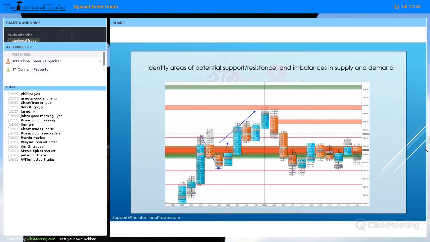These are not necessarily market orders. These are going to be limit orders that are sitting and waiting. So that's what we're analyzing, these sitting and waiting orders, trying to find imbalances between supply and demand.